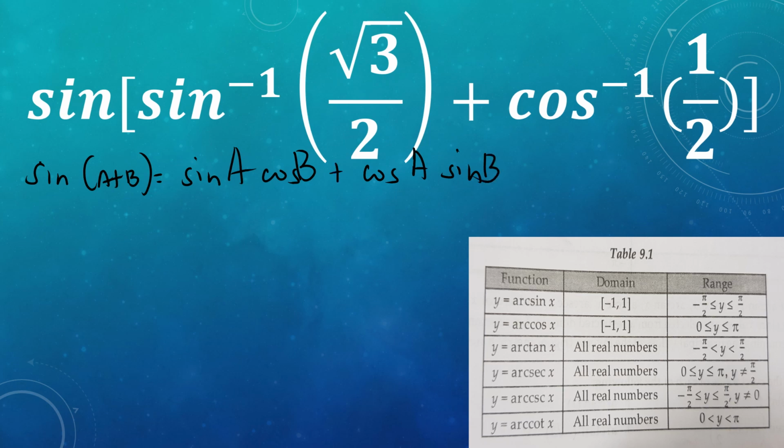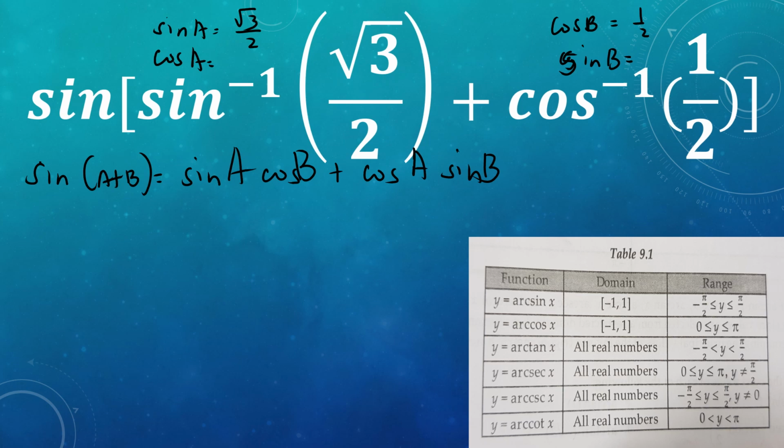So, we already have the value for sine A. Sine A is equal to square root of 3 over 2. For this one, cos B is equal to 1 over 2. So, we need to find cos A, and we need to find sine B.